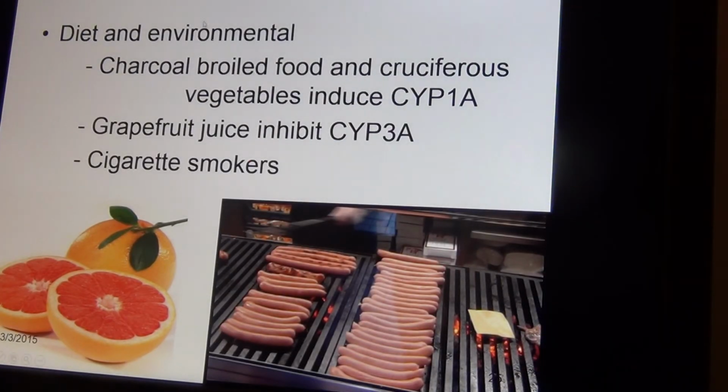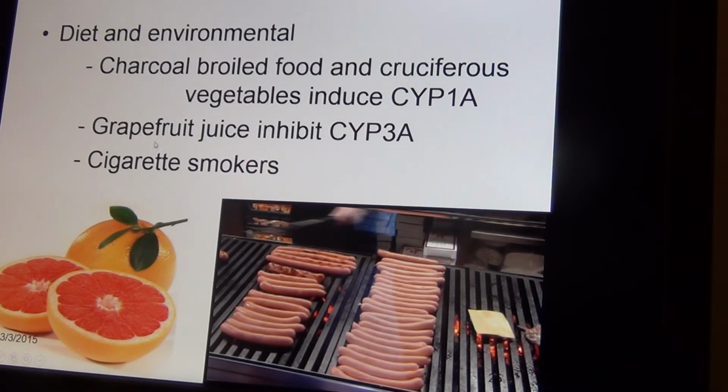Diet and environmental. So we have certain factors which can increase or reduce the metabolism of drugs. For example, charcoal-broiled food and cruciferous vegetables will induce CYP1A. So it will have a higher rate of metabolism and therefore less amount of drug available to act in the systemic circulation.